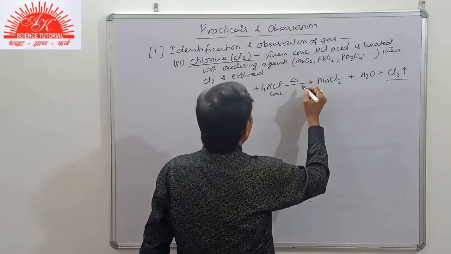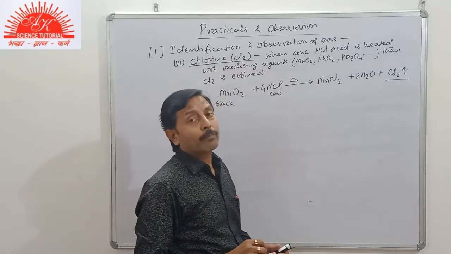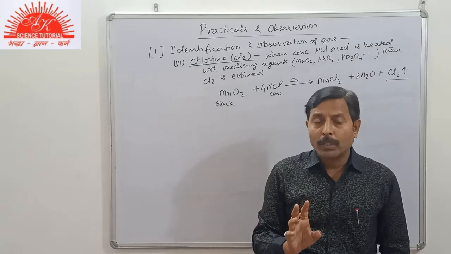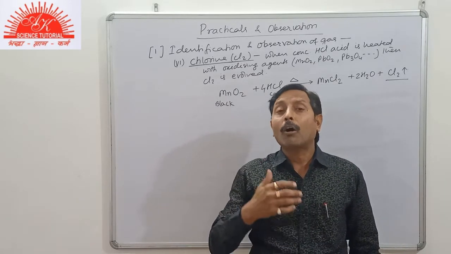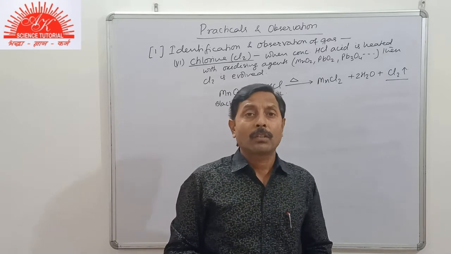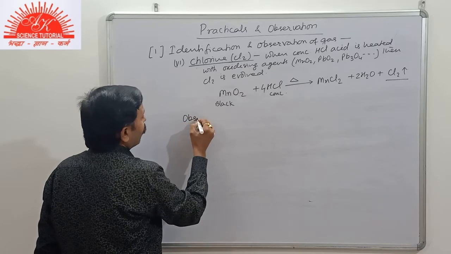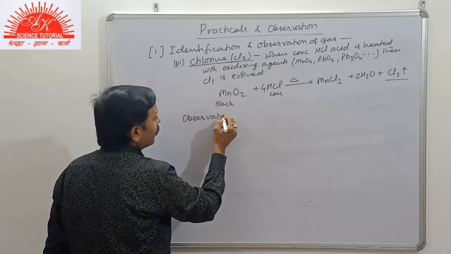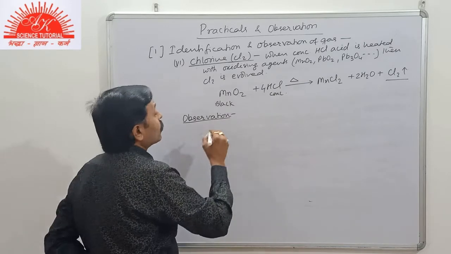Now this is balanced. So chlorine gas is evolved this time. We have to study the test of chlorine gas, the observation of chlorine gas. So what is its observation or characteristic? Wherever we are writing observation means we are writing its characteristic actually.